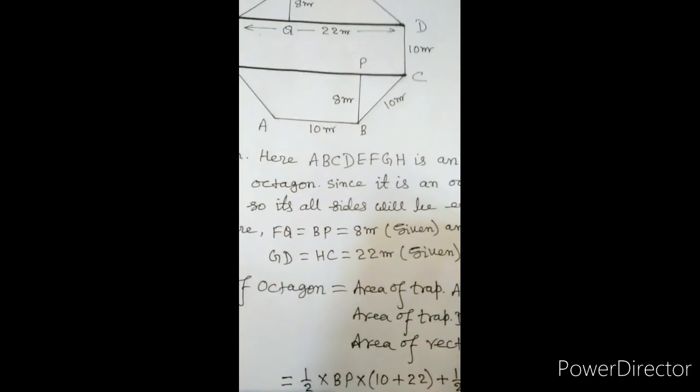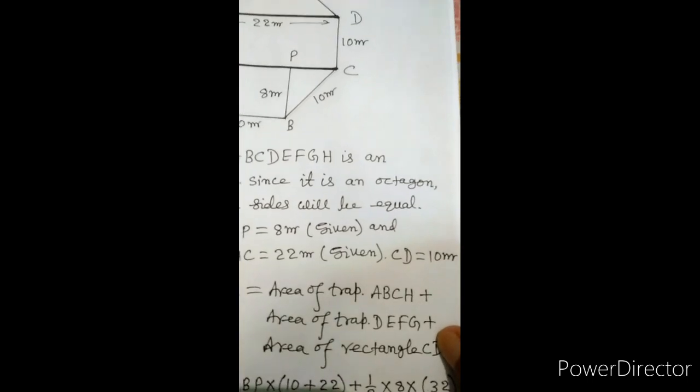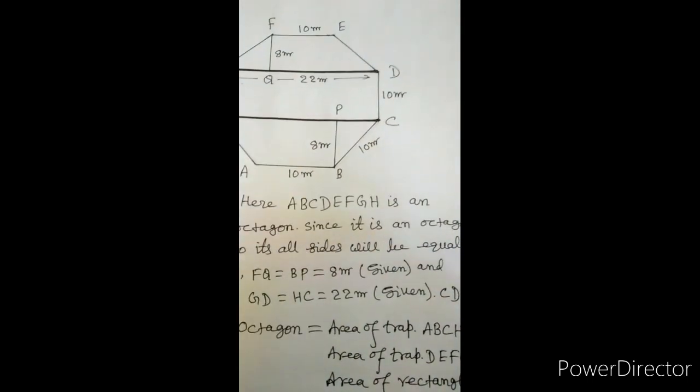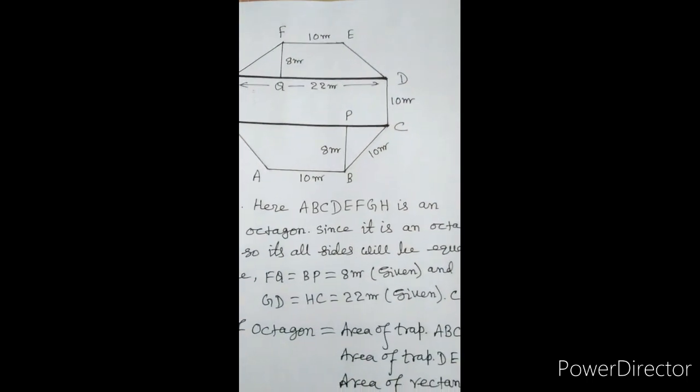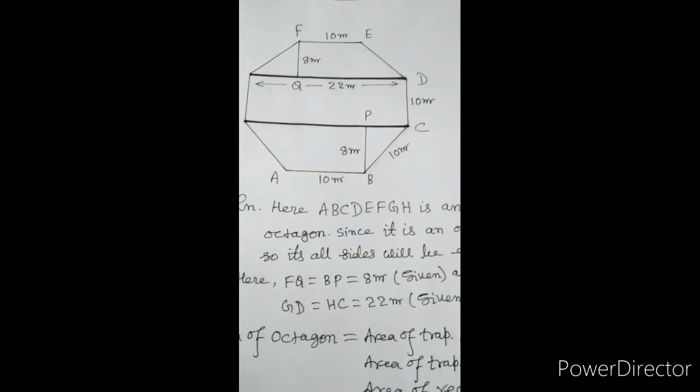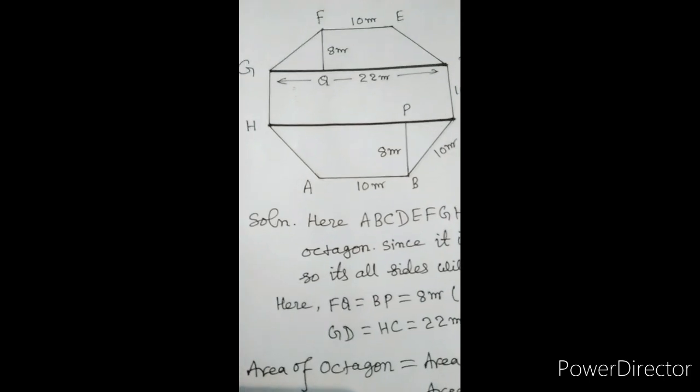It is given, and GD is equal to HC is equal to 22 meter, as well as CD is equal to 10 meter, as all sides of an octagon are equal.